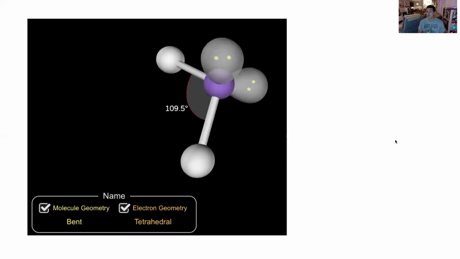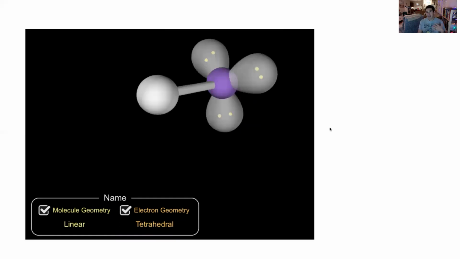As we move into AX2E2, it's still 4 domains, so the electron geometry does not change, tetrahedral. But the molecule geometry is that bent shape, like a water molecule, right? And remember, the lone pairs are empty space, nothing can exist there. And the bent molecule still retains the 109.5 degree bond angle.